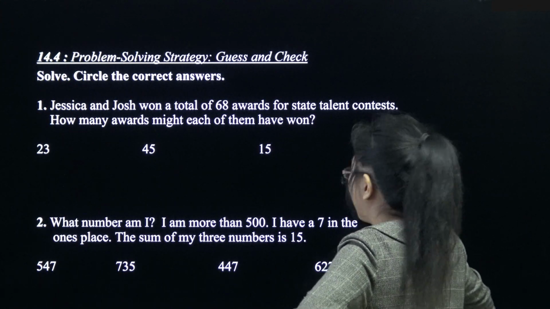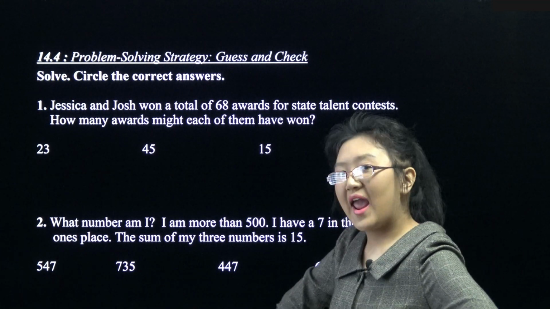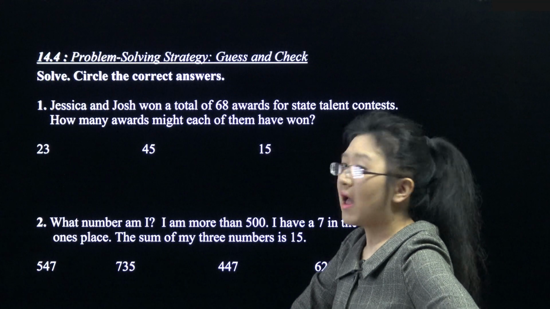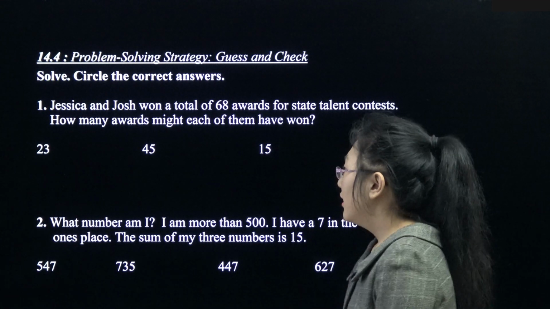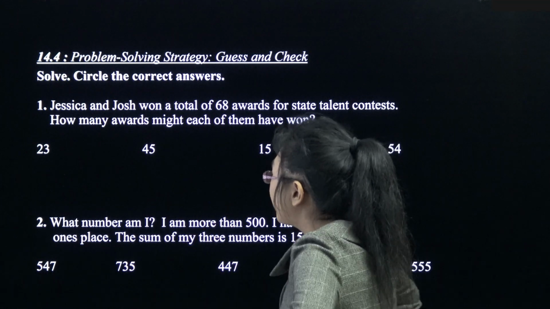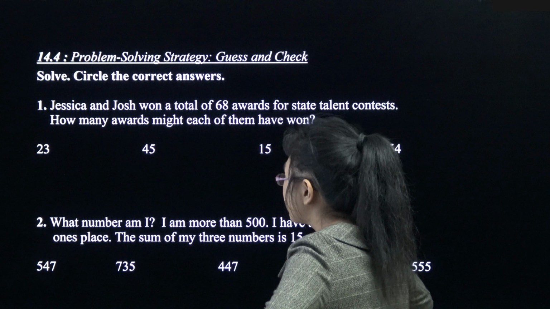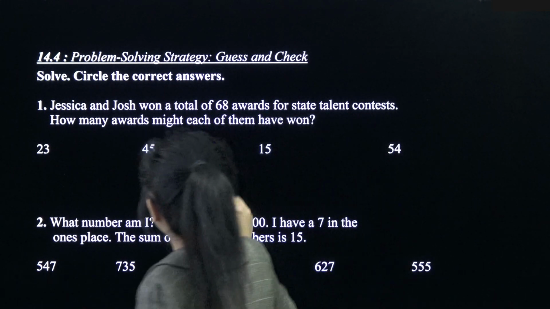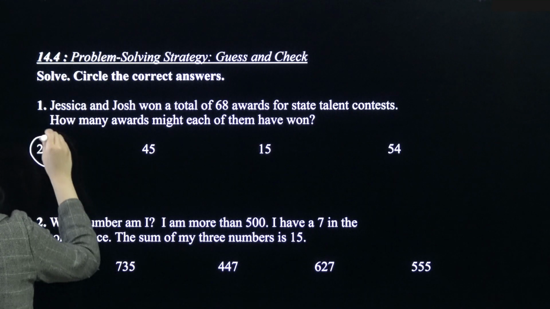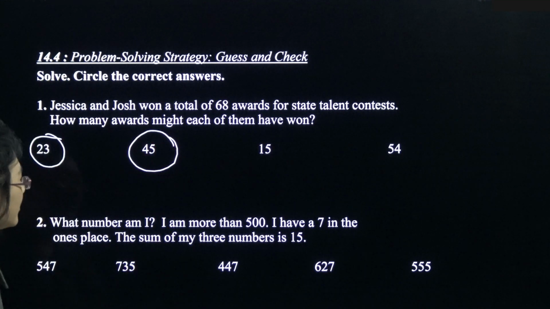And the other one won 54. Does that add up to 68? No, it doesn't. It adds up to 99. Now, what about 45 and 23? Oh, they add up to 68. The answer is that one of them won 23 and the other won 45.